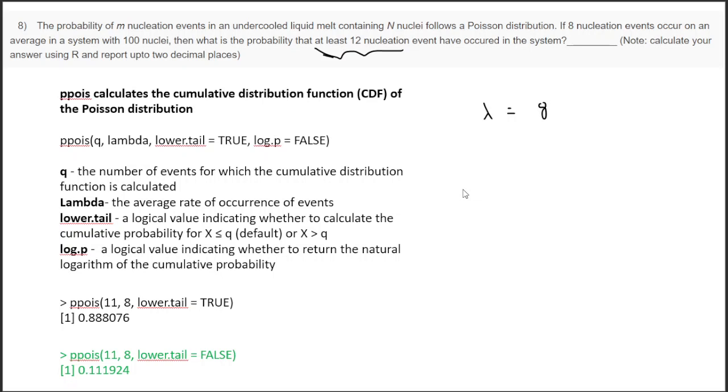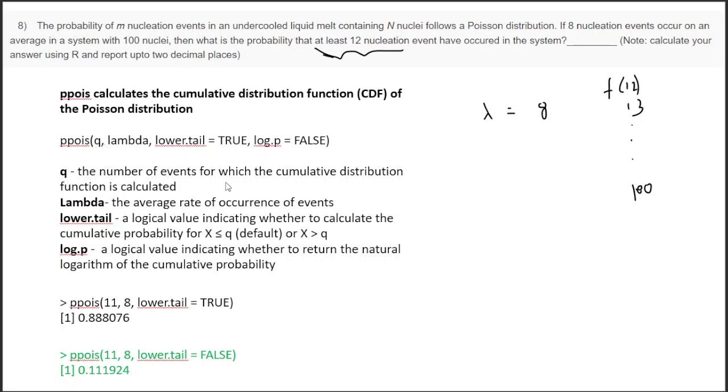If you are using pen and paper, it will become difficult, because you have to find the probability for 12, then 13, then up to 100. But luckily with the help of R, we can just write one line of code and get the answer out of it. How we can do it, we will see. The syntax for the CDF function in the Poisson distribution is ppois.